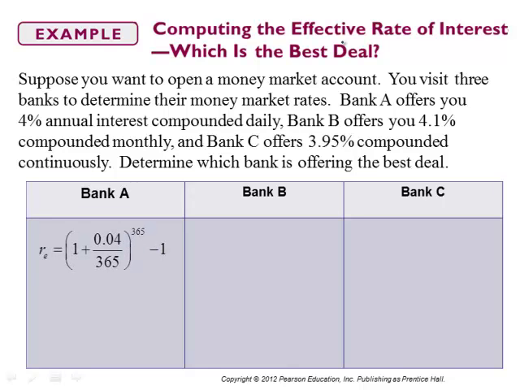So Bank A, where we have 4% APR with daily compounding, there's the calculation for the effective rate. And that works out to be about 0.040884. Okay, not too bad.